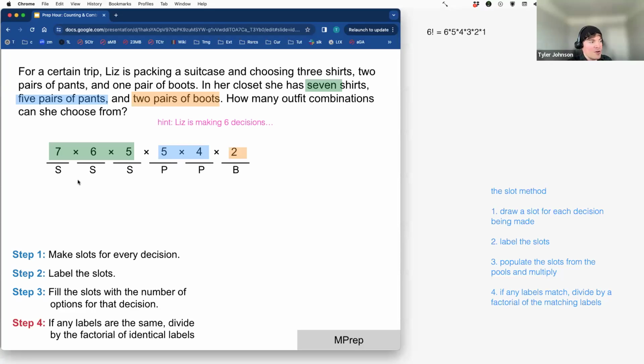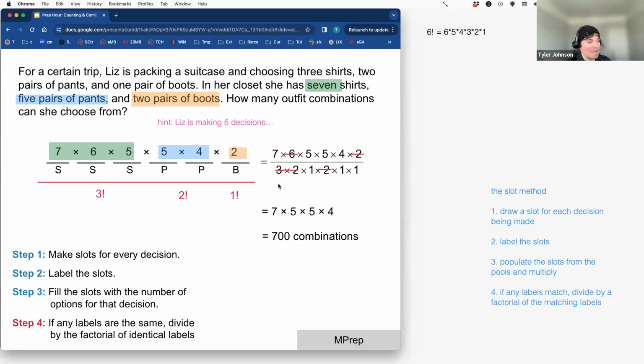And in terms of matching labels, we have 3 factorial coming from the shirts, 2 factorial coming from the pants. Technically a 1 factorial from the boots, but 1 factorial is just 1, so you don't have to worry too much about that. And as always, make sure you take those opportunities to cancel items from the numerator and denominator, and ultimately your answer should be 700.